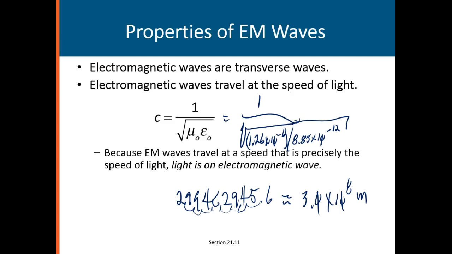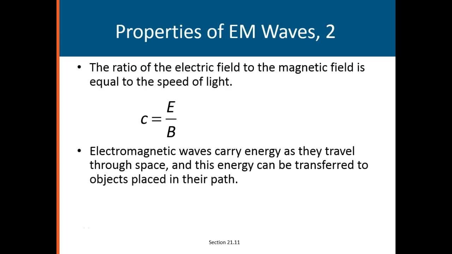Now, because electromagnetic waves travel at the speed, okay, we already said that, I think. The ratio of the electric field to the magnetic field is equal to the speed of light. That's interesting, isn't it?